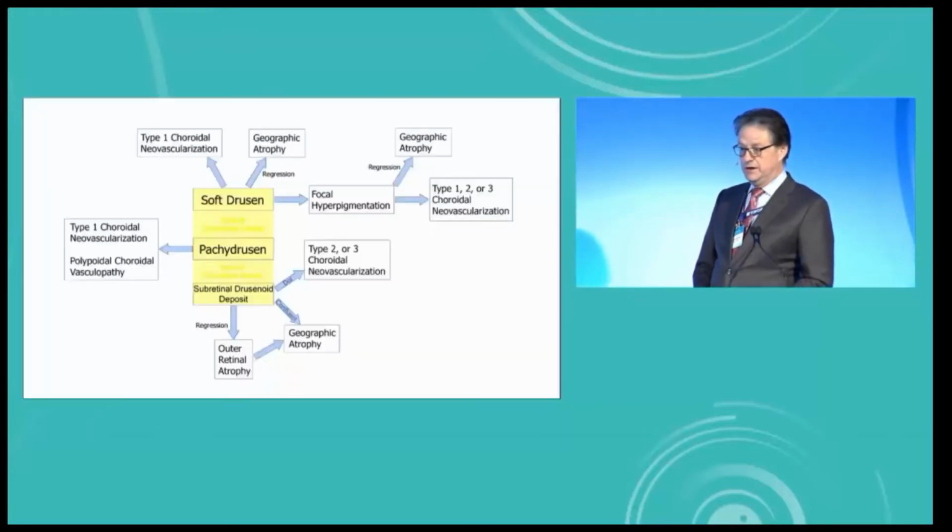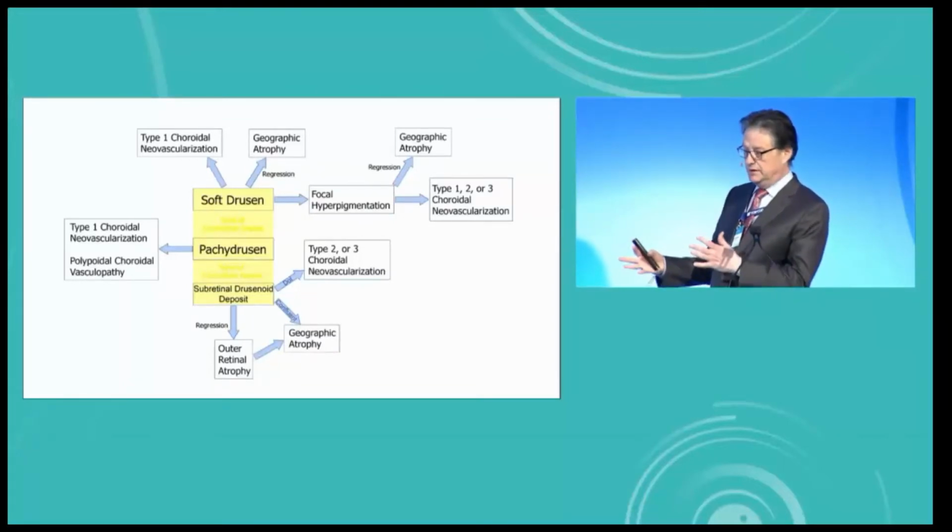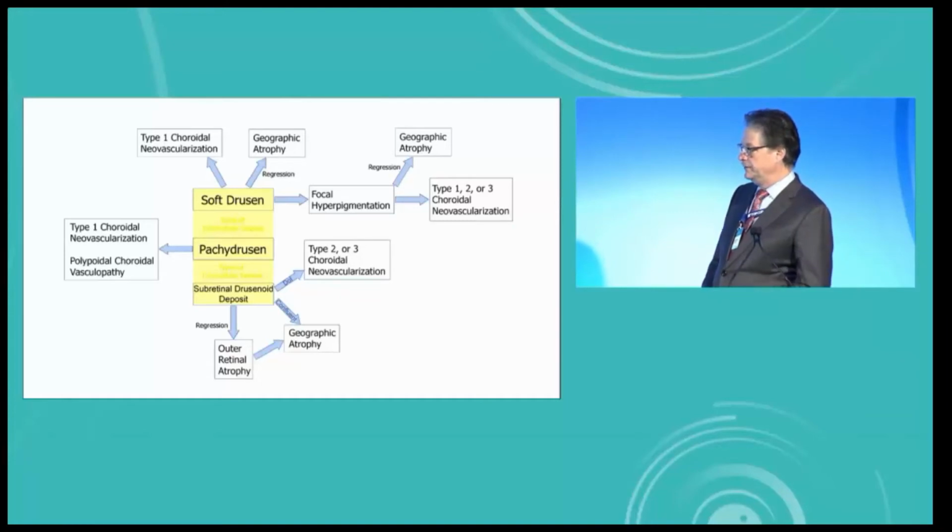This looks complicated. This is a derivation of that 2008 idea, but if you read through it slowly, you can see it all makes sense. If we start with subretinal drusenoid deposits, which are the pseudodrusen, they can regress and get outer retinal atrophy, which I didn't really cover much in this talk just because of time, or they can go to geographic atrophy. Subretinal drusenoid deposits, though, often can go to macular neovascularization, particularly type 2 or type 3.